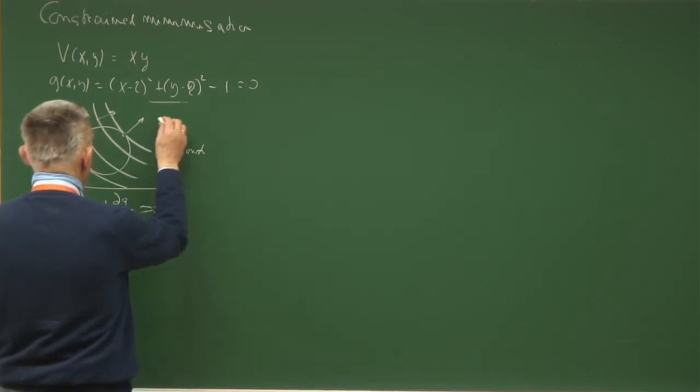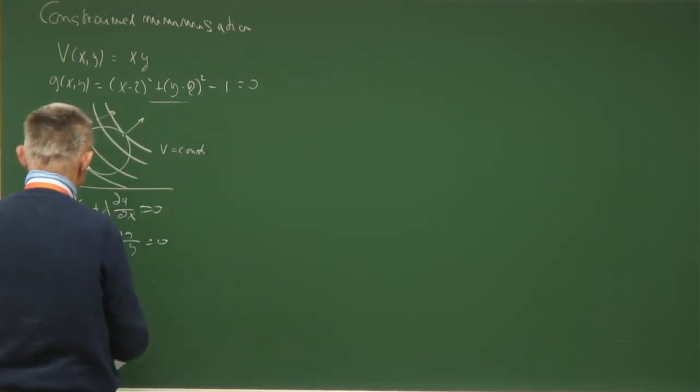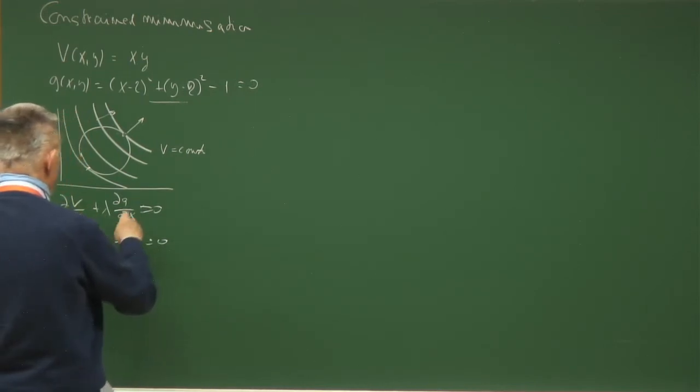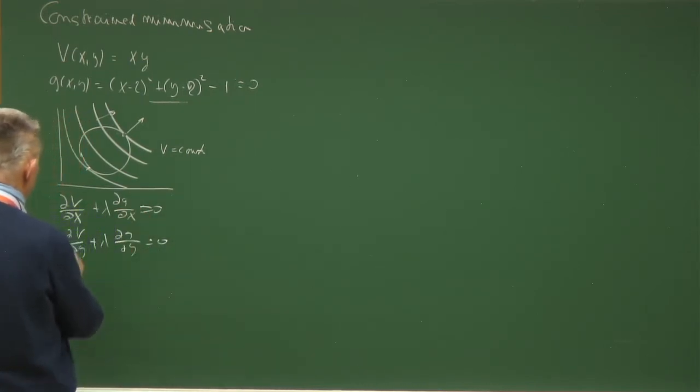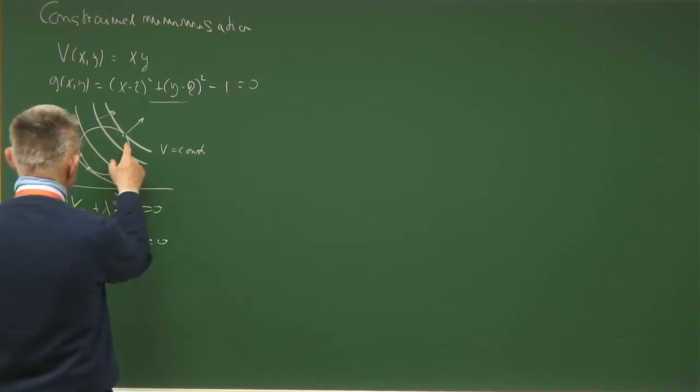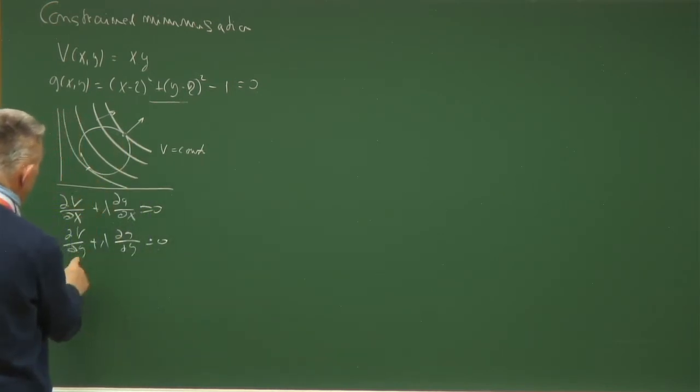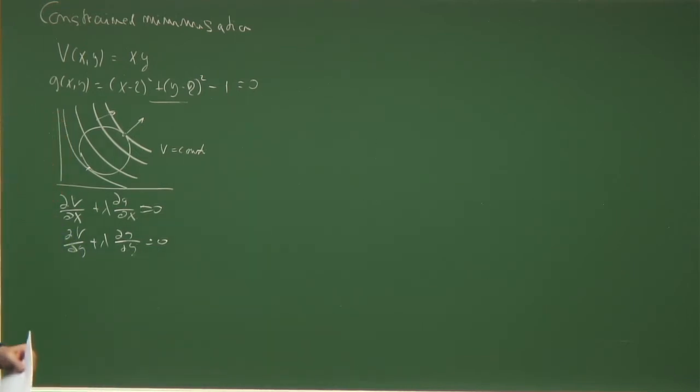The normal to the circle is given by this vector, and the normal to the constraint is given by this vector. Let's just ask for them to be parallel.